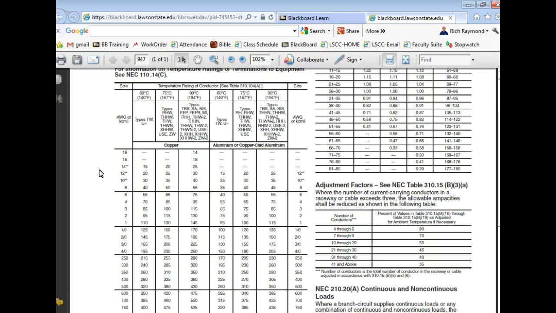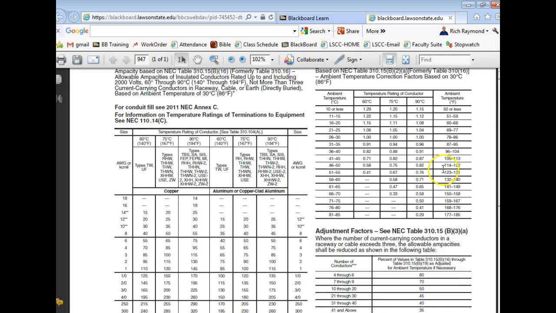And of course, over here, this is the way we derate it. It says if I run it between 123 degrees Fahrenheit and 131 degrees Fahrenheit, and I'm running an insulator that's rated at 90 degrees centigrade, I would take that ampacity and multiply it by 0.76.